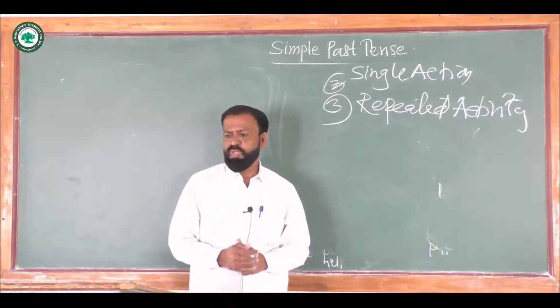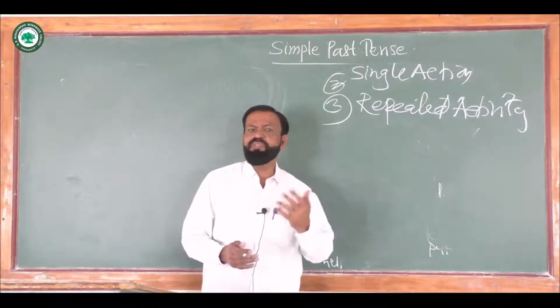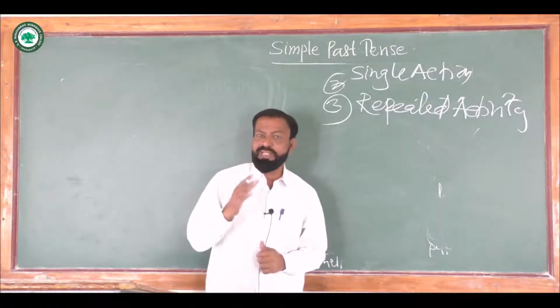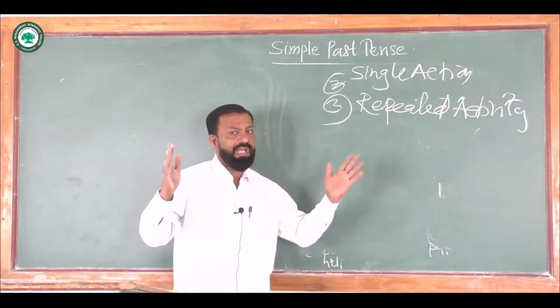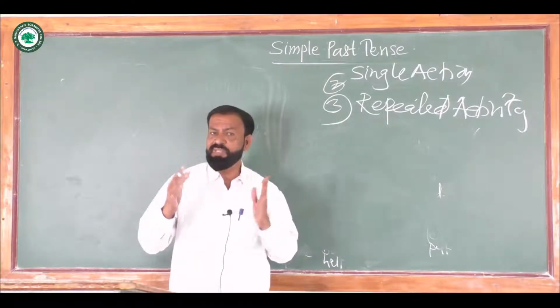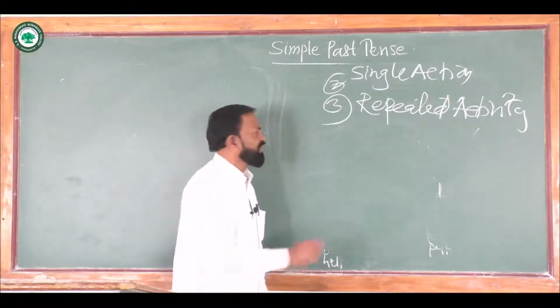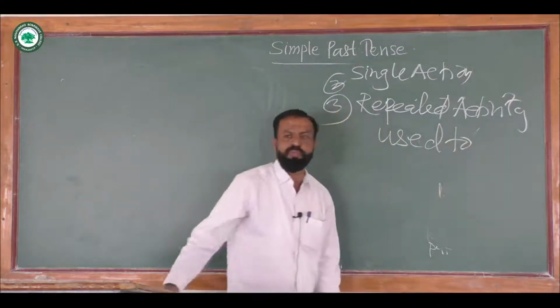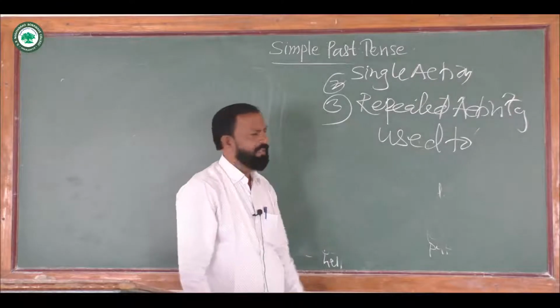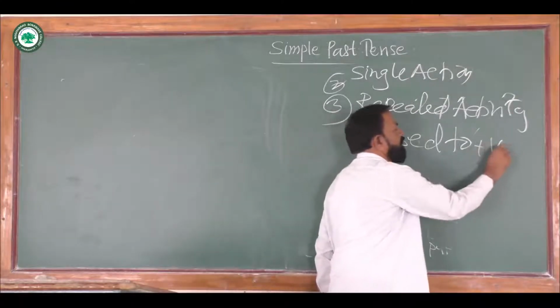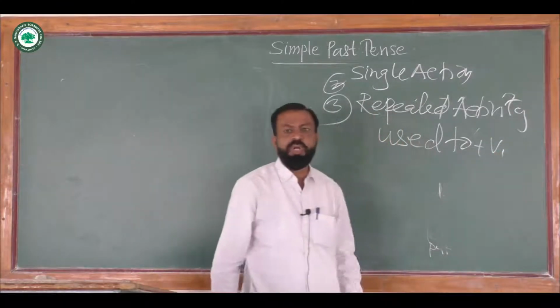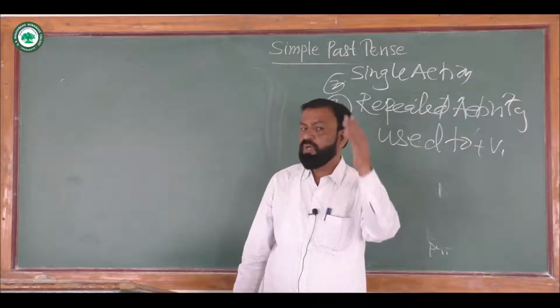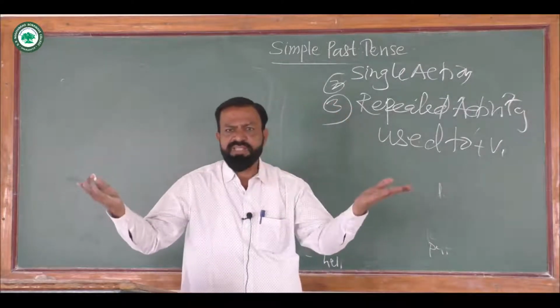Sometimes to express the habitual or regular activity, a time adverb is used. Sometimes we use "used to" plus the main verb, the V1 or stem of the verb. Now the past tense is used.